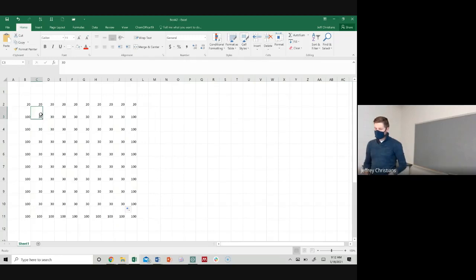Then what we're going to do is go through, and we want to program each of these cells in the middle to be the average of the 4 cells around it, right? This is going to be the average of the 4 temperatures around it. So we can say this is equal to this one plus this one plus this one plus this one, and I'll have to do all divided by 4.